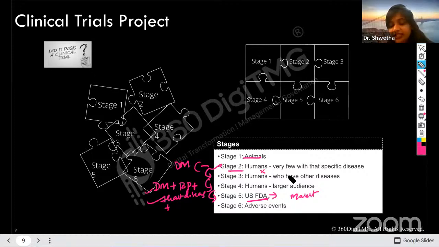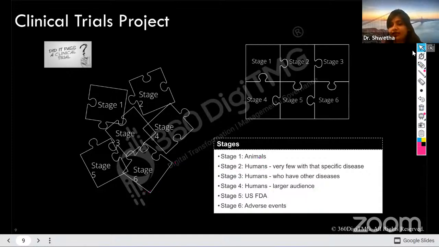Once it is released, it is still studied even after the release, which is called post-marketing surveillance, and the adverse effects are checked. These are reported by the pharma companies, the physicians or the patients. These are the multiple stages of the clinical trials. So at any stage, the study can be interrupted or terminated if the patient faces issues.